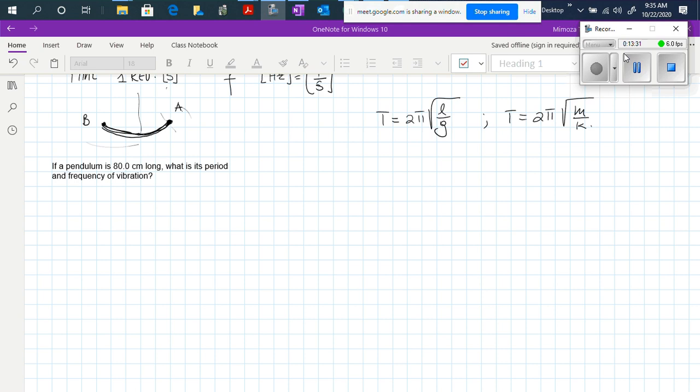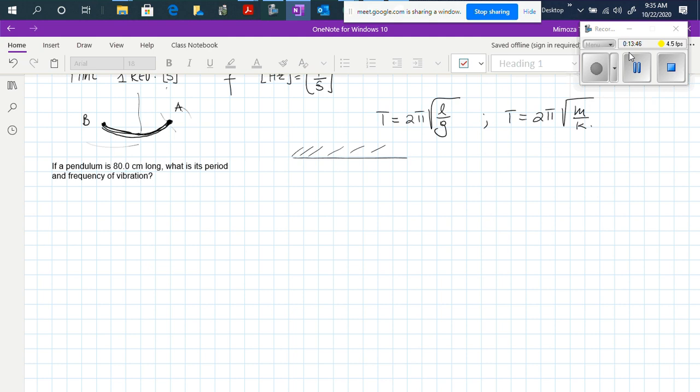Now, when we have a pendulum, the period of the pendulum is not dependent on the mass of the object at the other end of the string.